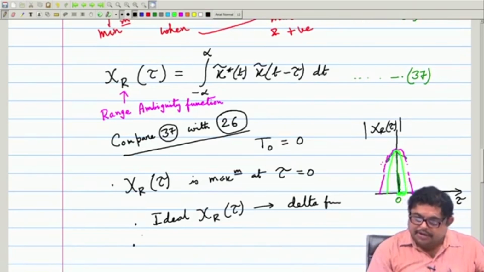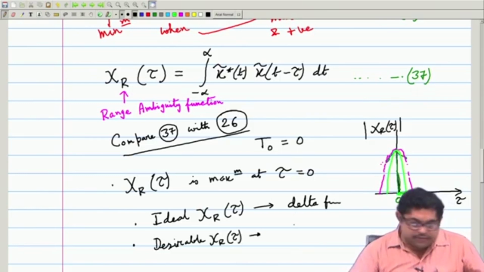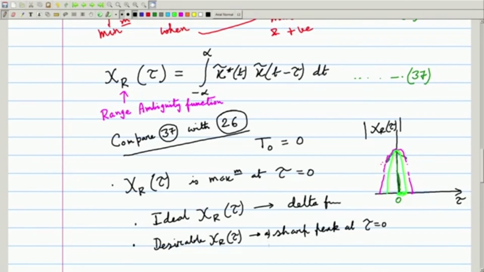So, what we have discussed as desirable for x at tau is a sharp peak at tau equal to 0, high roll off around tau equal to 0, and then the first null width as low as possible.